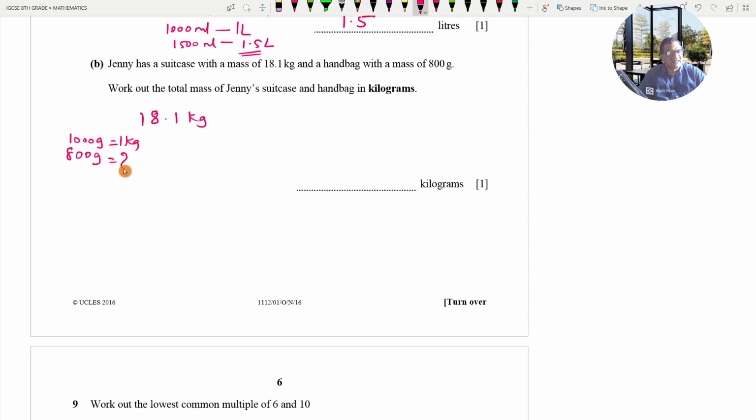So 800 grams will be how many kg? It will be 800 upon 1000, which works out to 0.8 kg. Now this 18.1 and 0.8 kg, I can add because both are in kg. So 8 plus 1 is 9, and this is 18. The answer has to be 18.9 kilograms.